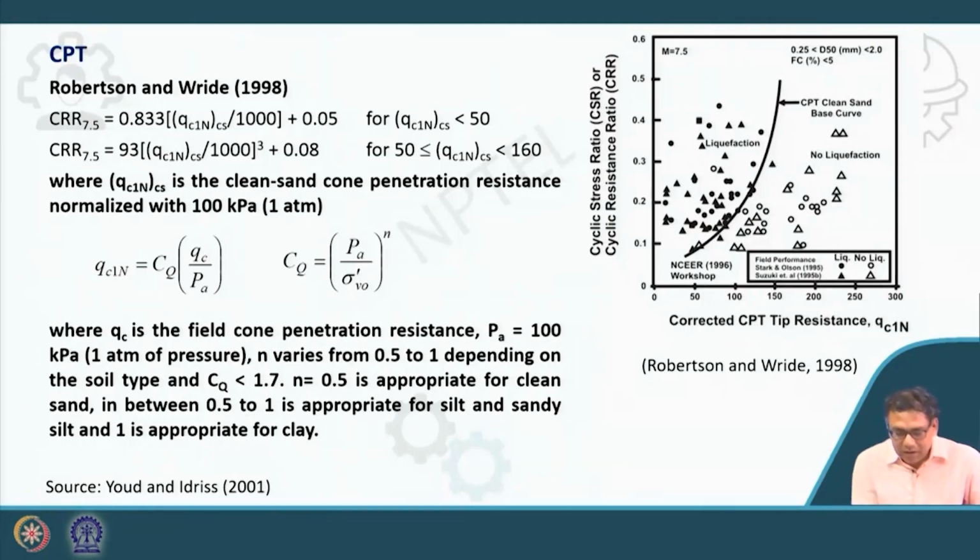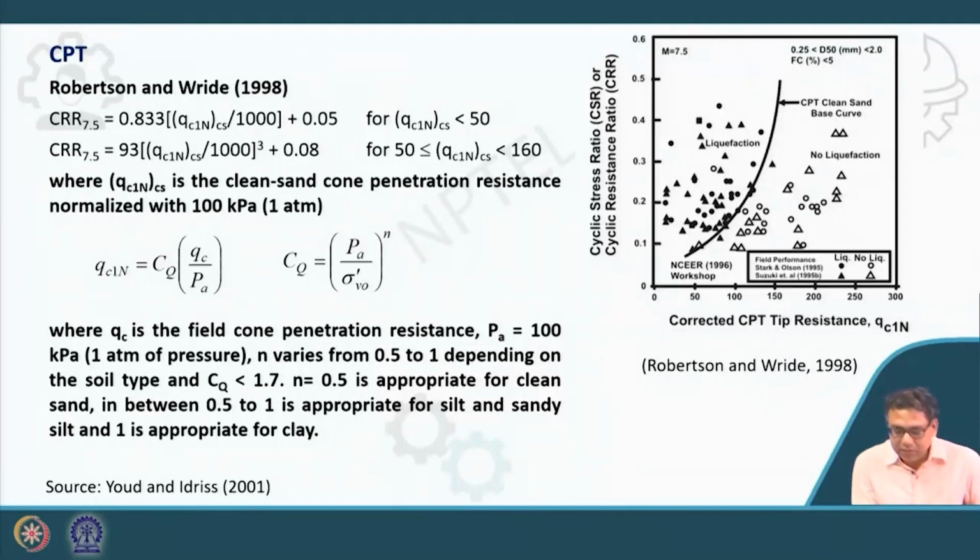How will it be normalized? This normalized value I will get, this is qc, the raw data, normalized by Pa. You know, Pa is 1 ton per feet square or 100 kPa, and multiplied by CQ.